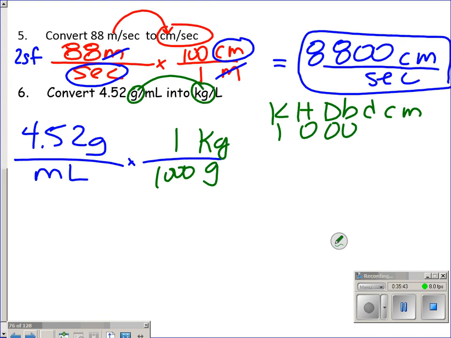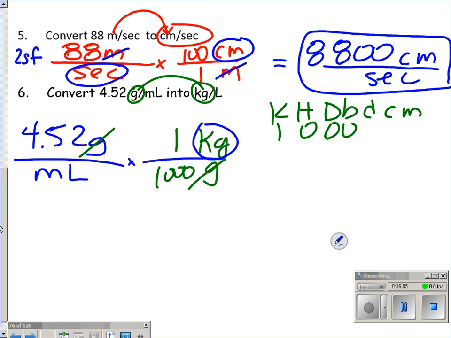Okay, all of that just to cancel out what? Grams. Okay, do we want to cancel kilograms? No, we want that as our final. I'm going to circle that so we know it's untouchable. Okay, leave that alone. Now let's go back to the beginning. We got milliliters here. Milliliters needs to cancel, right? How do I cancel? Do I put it on top or bottom of the next fraction?